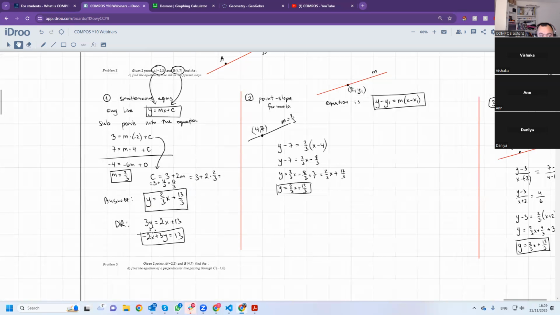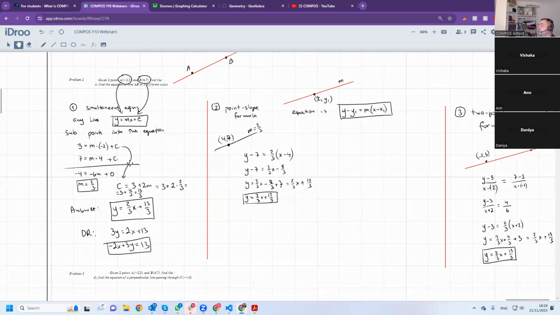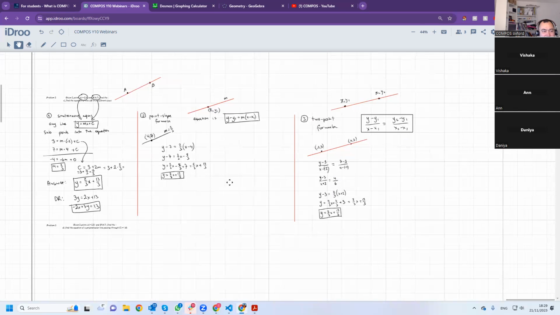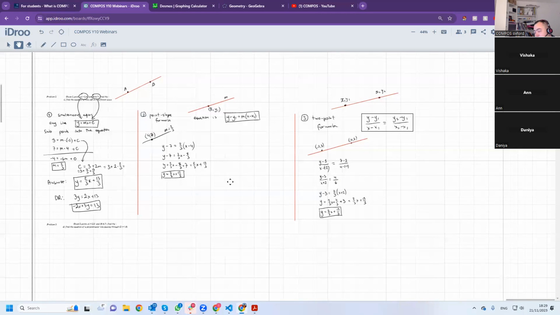But it is useful when, for example, you don't know the points and you need to find the coordinates of one of the points. I believe that would be useful. But you need to be familiar with all 3. I mean, you need to understand all 3.